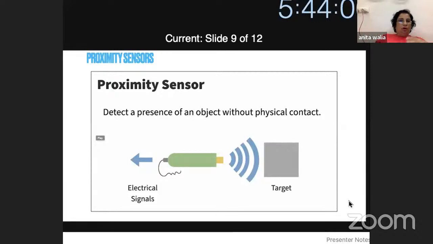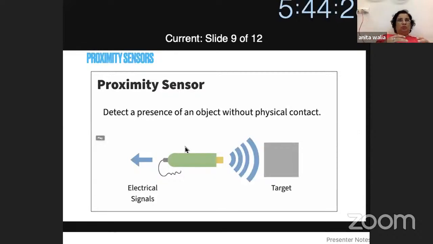The distance to the object. So the proximity sensor detects the presence of an object without physical contact. The sensor need not get in touch with the thing.